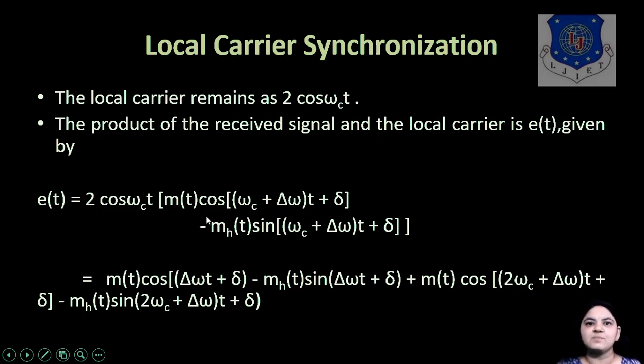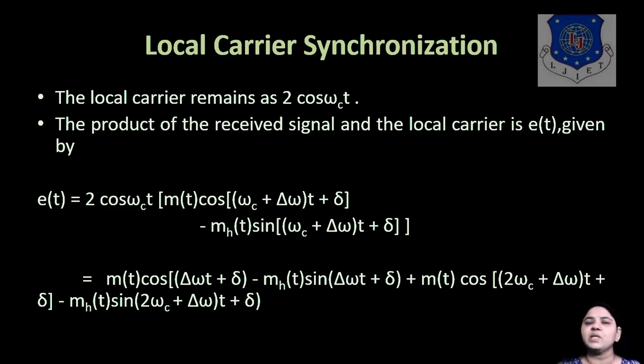Now the SSBSC equation is m(t) cos (omega c plus delta omega) t plus delta, minus m_h(t), the Hilbert transform. When the SSB modulated equations are there, if we want to remove the frequency distortion, then we need to add the Hilbert transform.